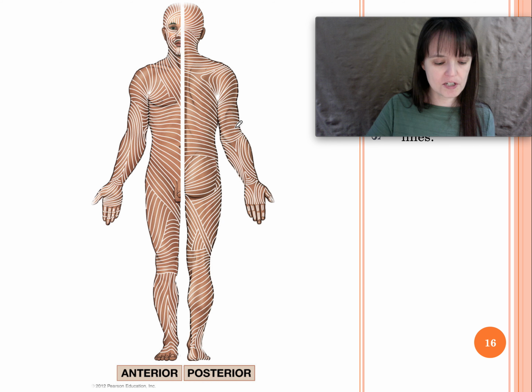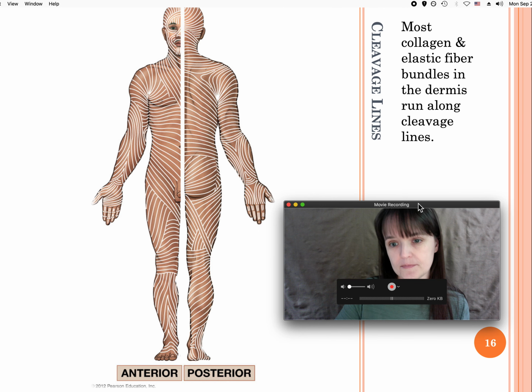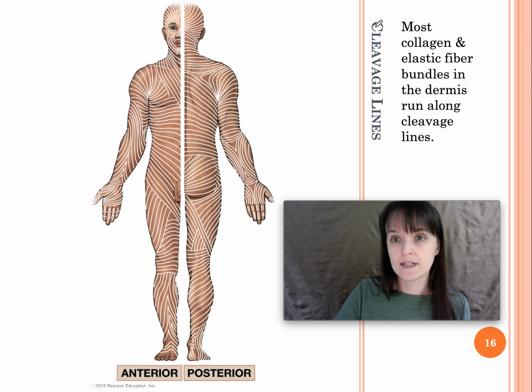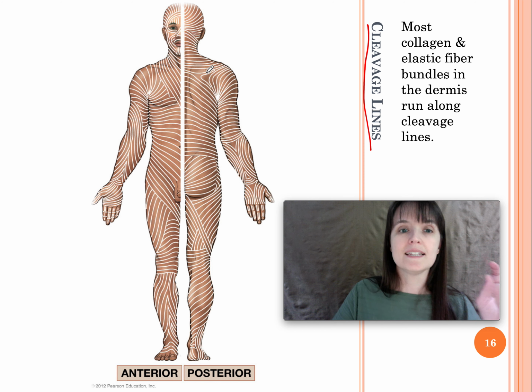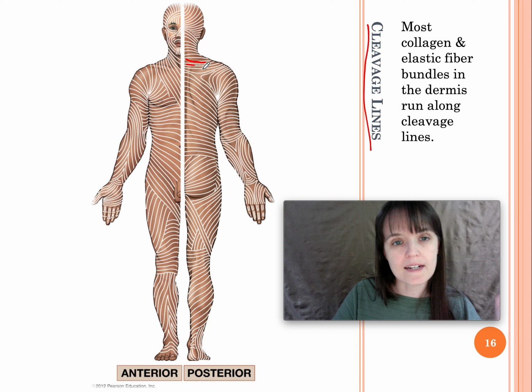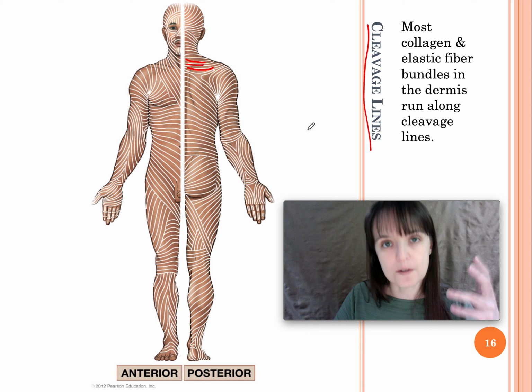All right, cleavage lines are now called tension lines. So that's new. Okay. So these cleavage lines are now called tension lines, and it's the direction that the collagen and elastin fibers run in the dermis.